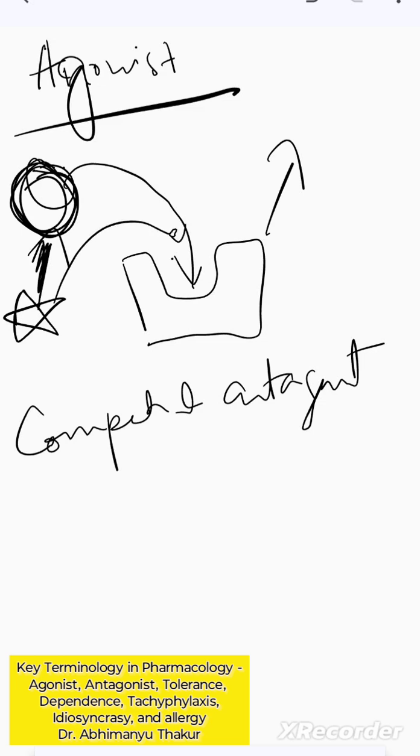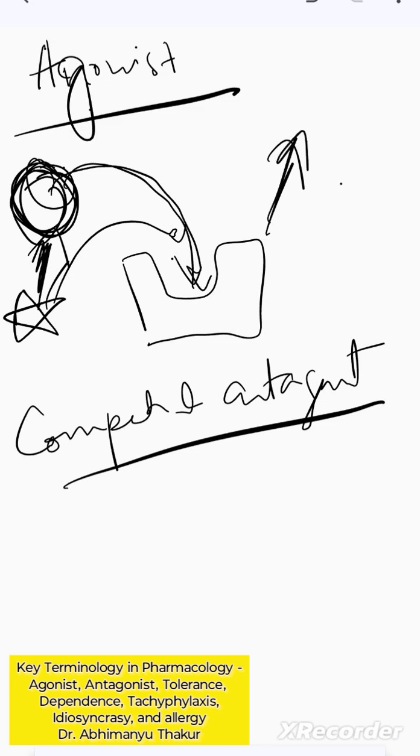It might be reversible, with a rightward shift in the dose response curve, and they act as competitive antagonists. So the agonist binds to the receptor and gives a positive response, and the antagonist binds to the same site and gives a negative response. It competes with the agonist, that's why it is called a competitive antagonist.